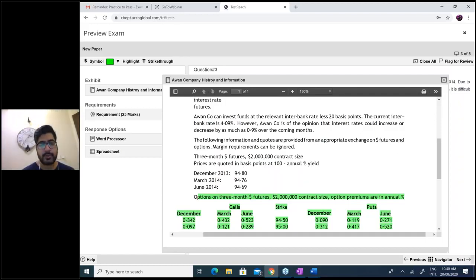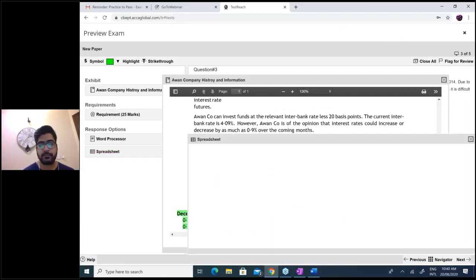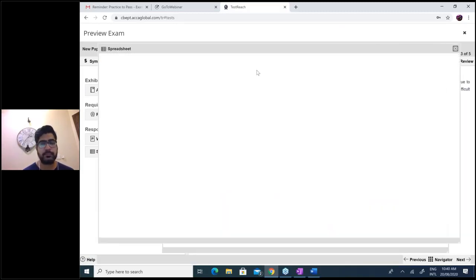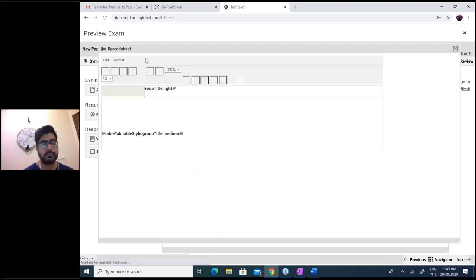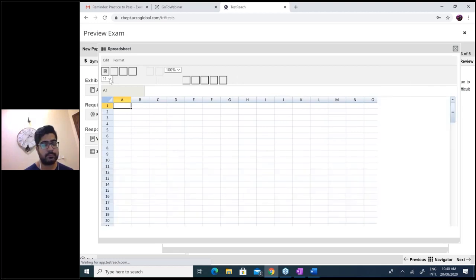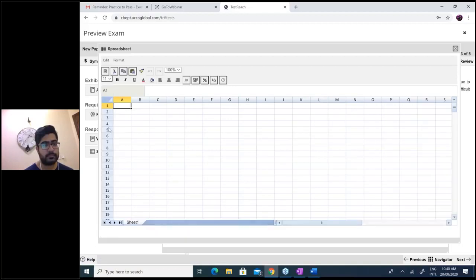Now you should move towards options. Okay, so Avan company interest rate options.